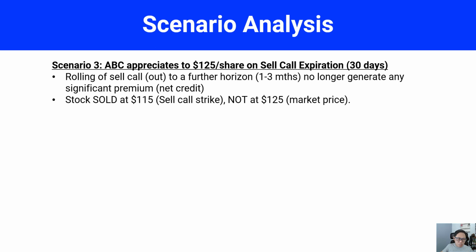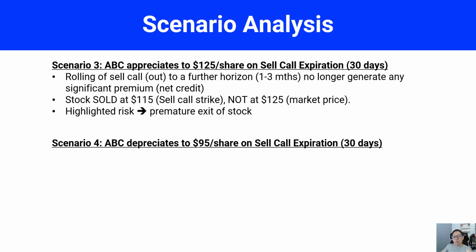On the contract expiration, you will be forced to sell your shares at a strike price of $115, not the market price of $125. Hence, this is considered a premature exit, one of the risks highlighted earlier. Nonetheless, this is still very much a profitable trade for you.